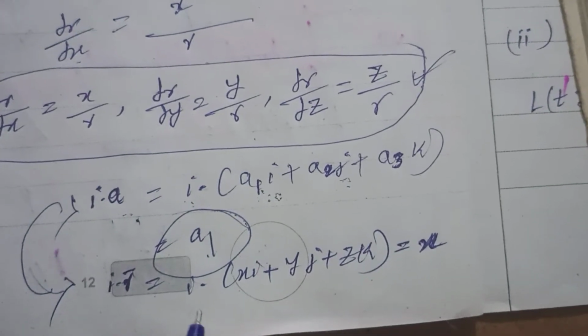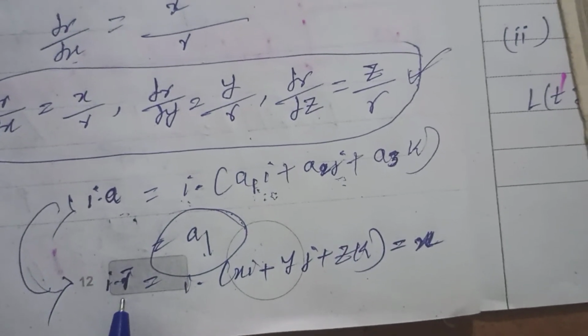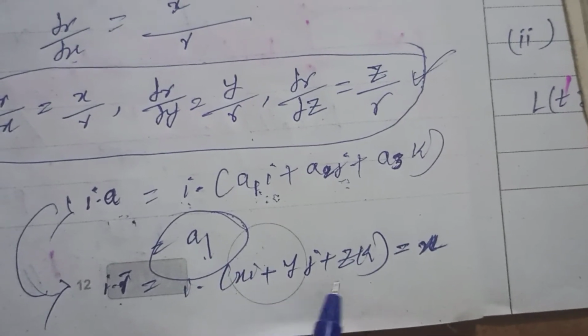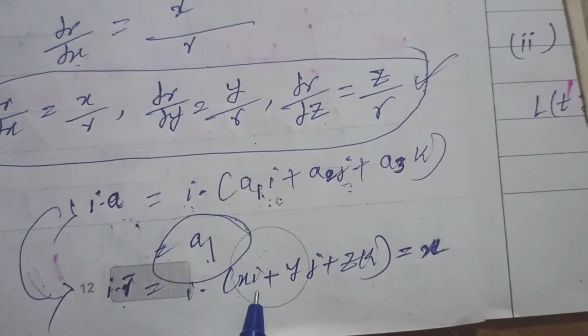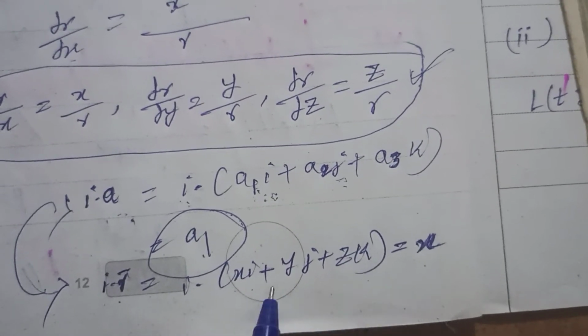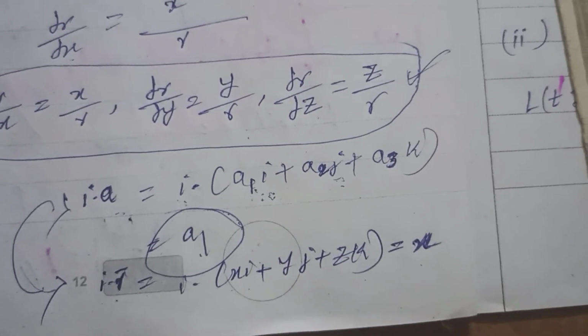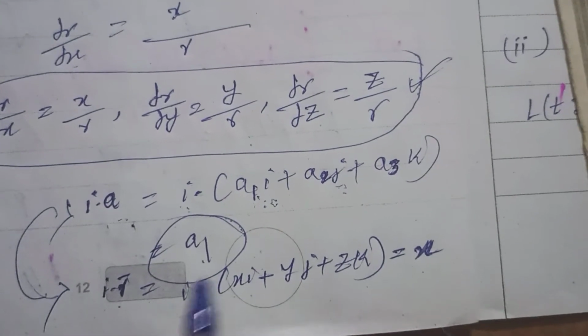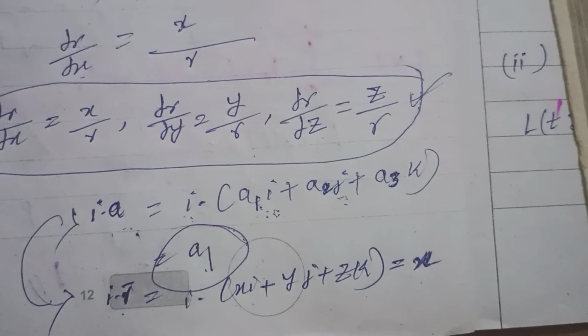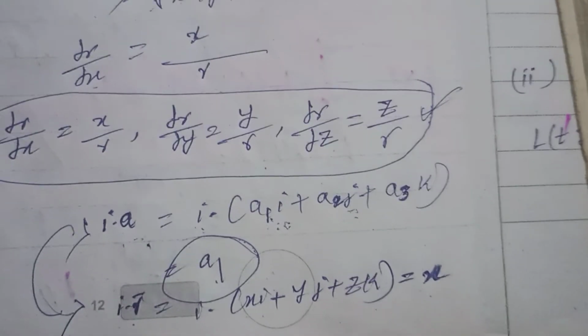Now i dot r bar means i dot (xi plus yj plus zk). i dot i is 1, 1 into x is x, and i dot j, i dot k will become 0. These two terms will become 0. So these are the things we are going to use in proving this theorem. That's why I am explaining these things here.